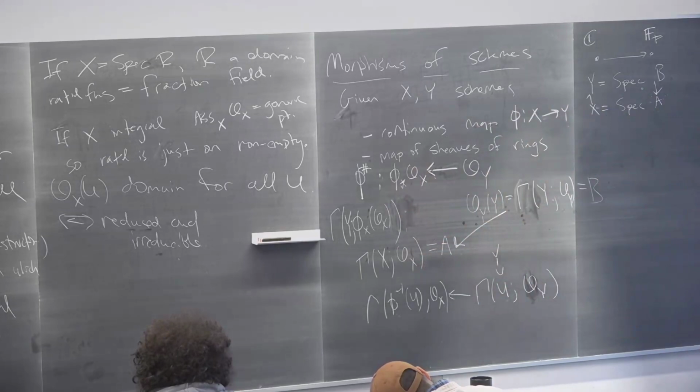And I was trying to emphasize why you would have the map go this direction. Why doesn't it go the other direction since the map is from Y to X? And the answer is because maps on functions go the other way.